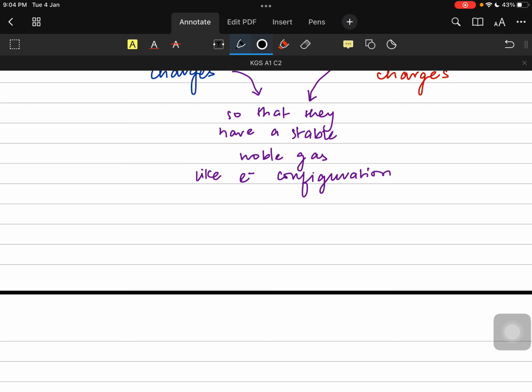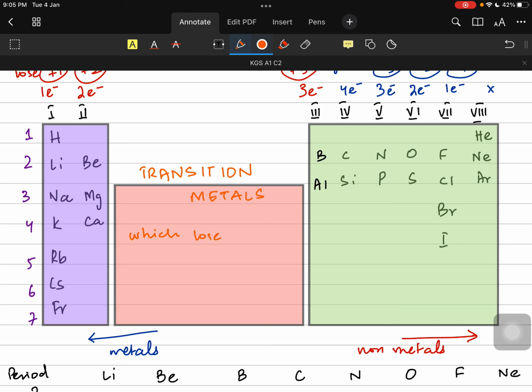What about the center portion of the periodic table? The center portion is something new: the transition elements, or transition metals. The transition metals are generally the ones which lose electrons because they are metals, but their charge is not fixed.